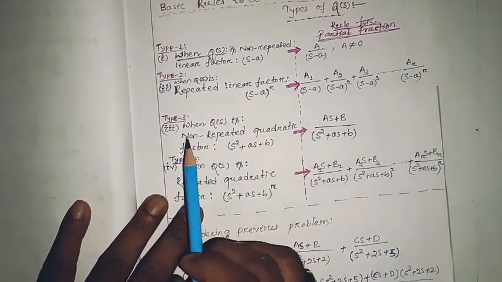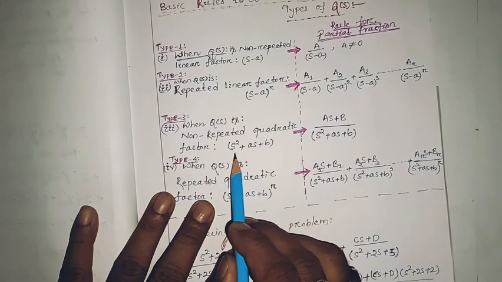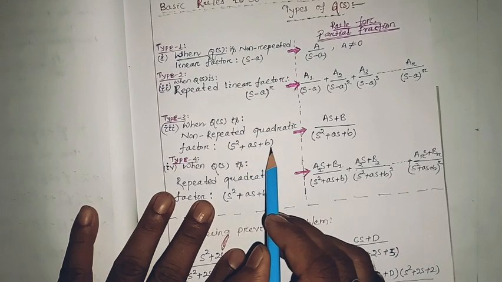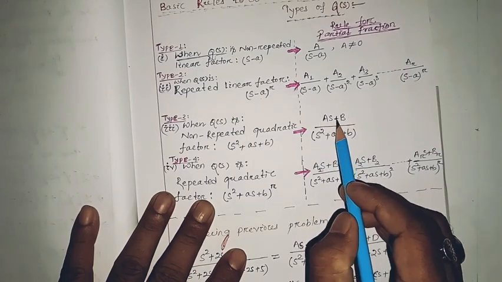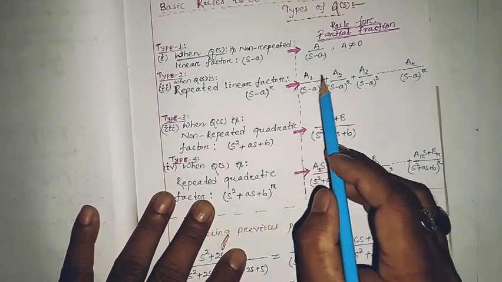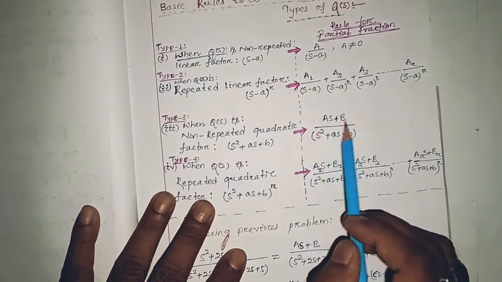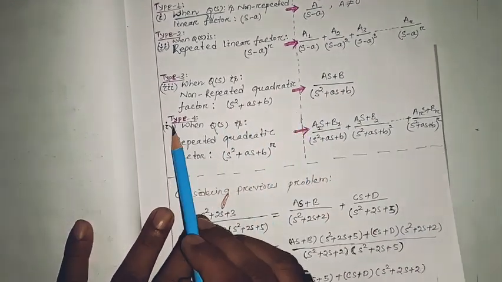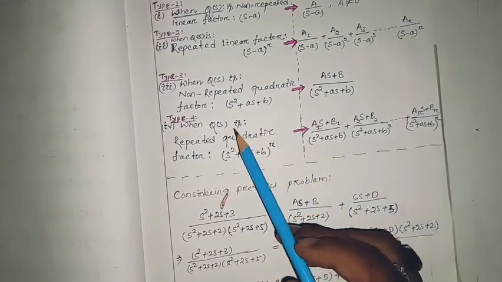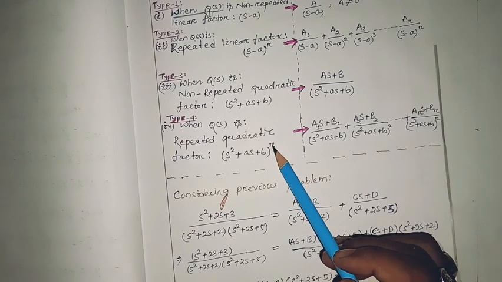In the type 3 situation, Q(s) is a non-repeated quadratic, like s^2 + as + b. If a quadratic factor is there, then the numerator will be written in the format as + b. Here a1, a2, a3 are all constants, but for a quadratic it is written as (As+B) over this factor. In the type 4 situation, Q(s) is a quadratic as well as repeated up to r factors.